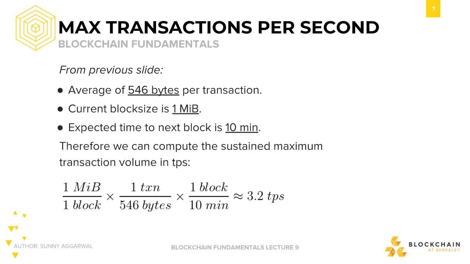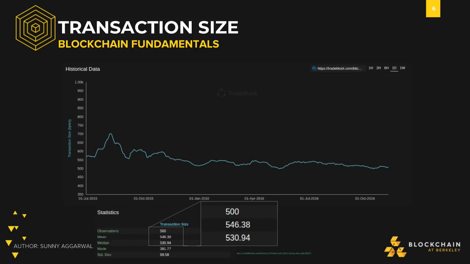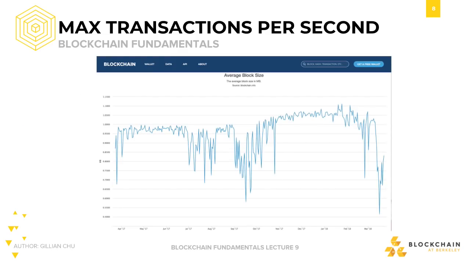Then the expected time to the next block is 10 minutes, or around 600 seconds for confirmation. Then we can compute the sustained maximum transaction volume in TPS, do some canceling of units, and we should get something around 3.2 TPS. This was from around 2016.